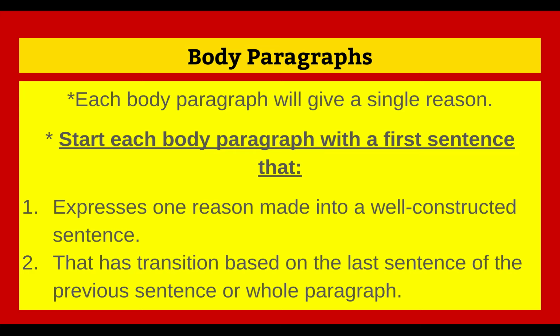The first sentence should clearly express one of the reasons that you're going to be highlighting in that particular paragraph. It must be a well-constructed sentence, and ideally, it should have transition so that it refers back to or connects to the previous paragraph. That's really, really important. And again, within the body paragraph, each sentence is connected by transition.